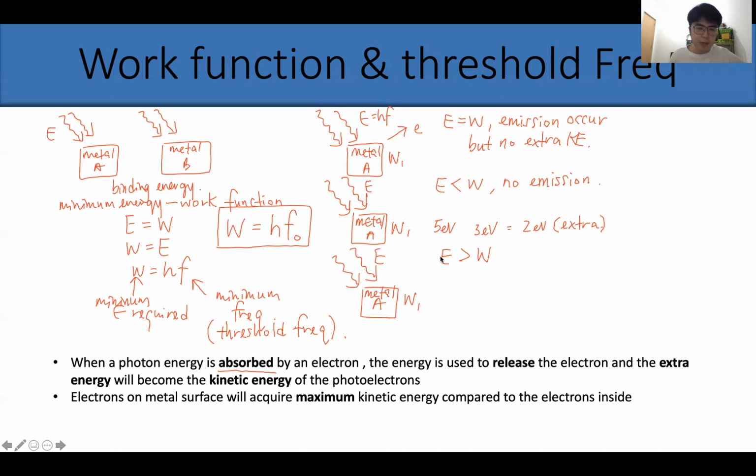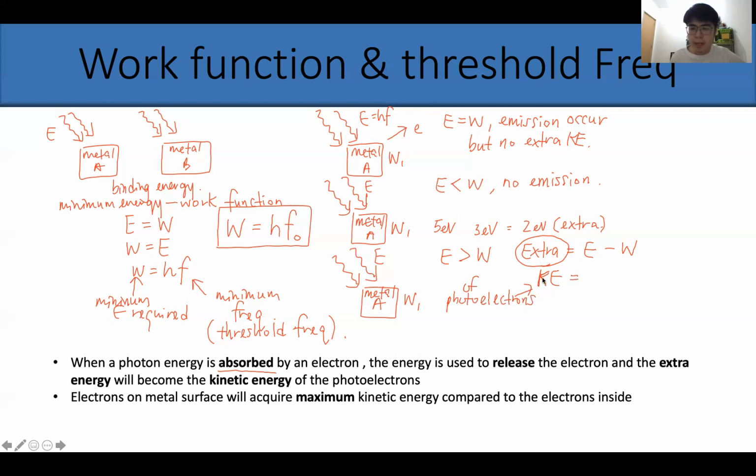So if the energy is more than the work function, then you can calculate the extra. Whatever the energy is, you minus the work function to get the extra energy, correct? And this extra energy is absorbed as the kinetic energy by the photoelectrons. This is the kinetic energy of the emitted electron, the photoelectrons.